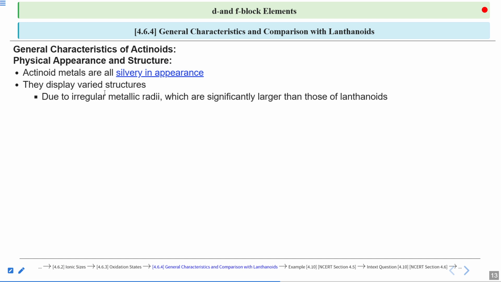Okay, so why do they display varied structure? Due to the irregularity in their metallic radii. The irregular metallic radii which you have seen in the lanthanoids, here in the actinoids are larger.